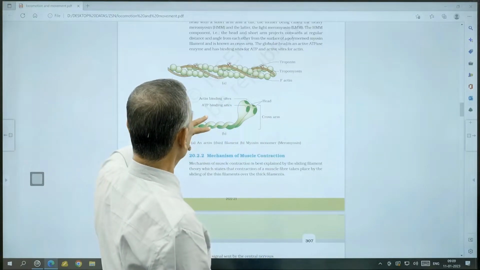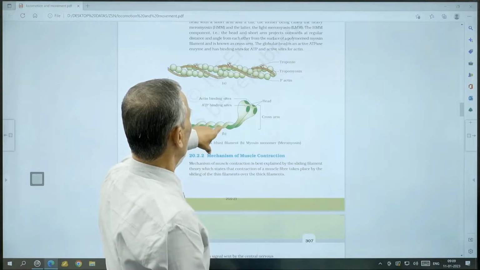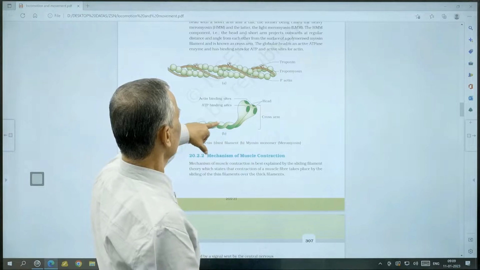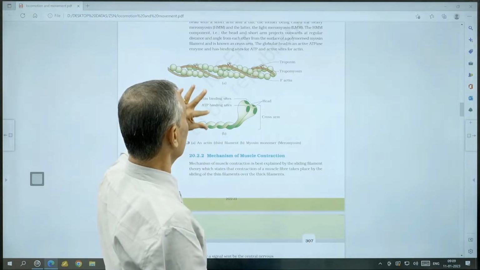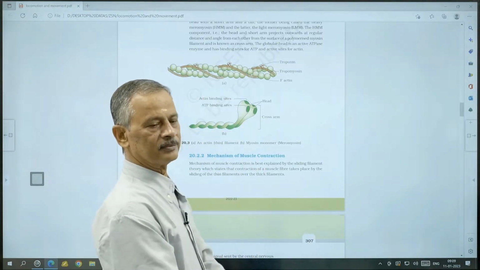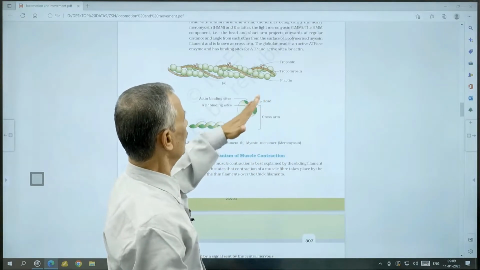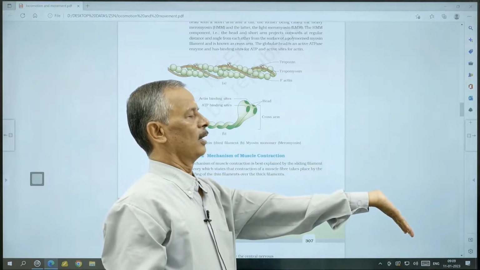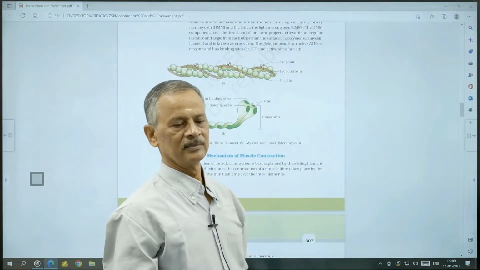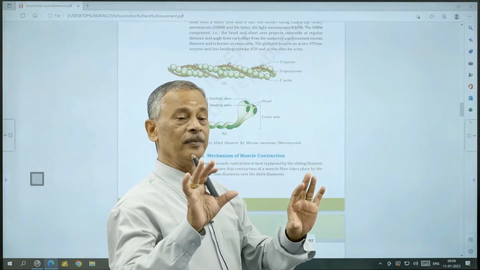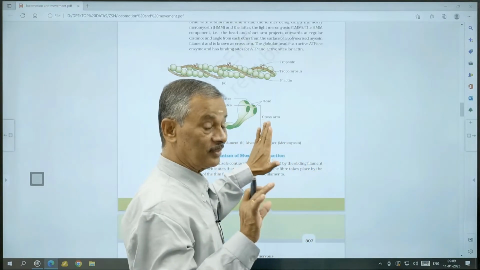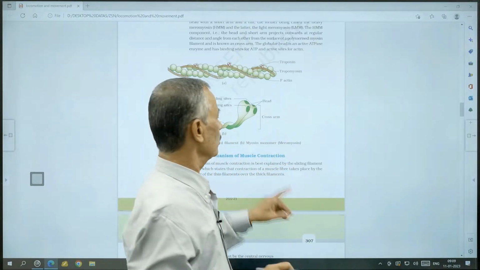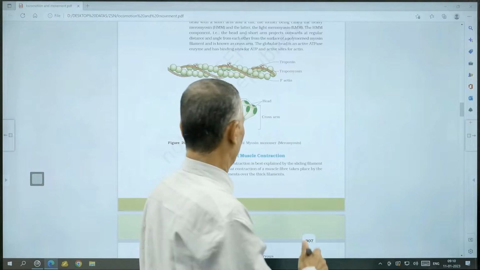You are having two light meromyosin chains which are all coiled around each other. That is present within the thickness of the fibril. Whereas the head is projecting out at definite angles all around. There will be heads projecting at definite angles all around that thick filament.